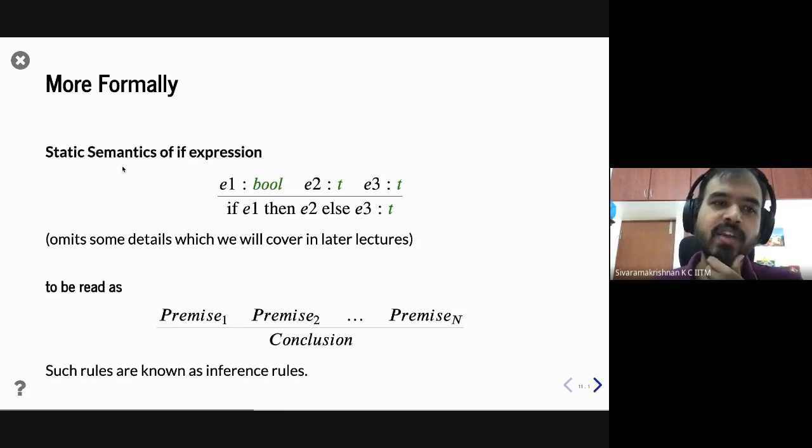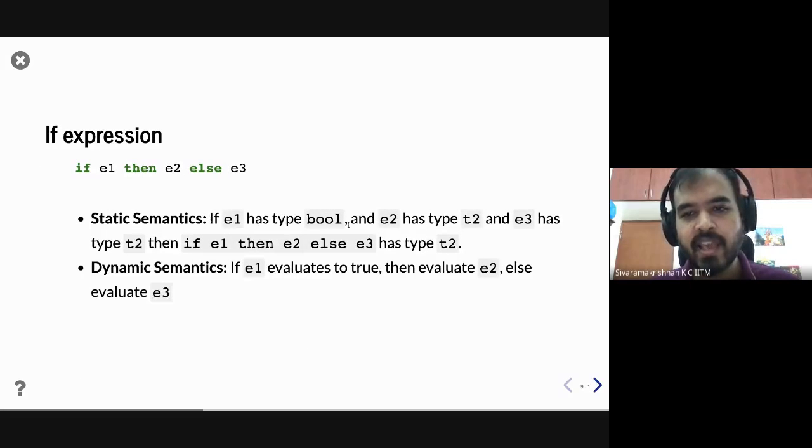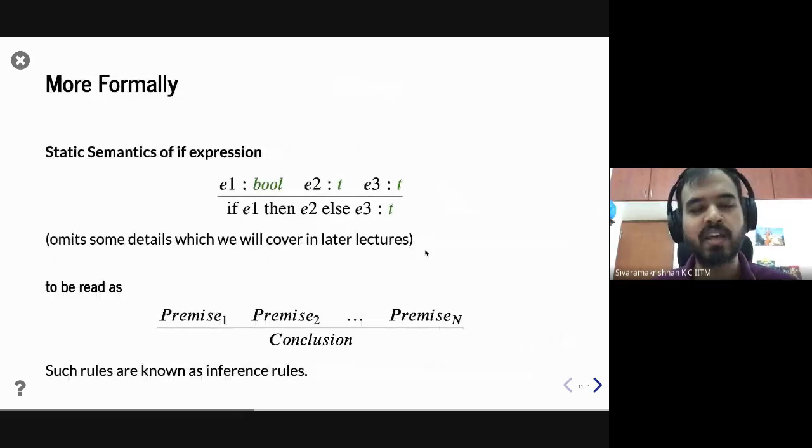So we can define the static semantics of if expression using an inference rule. All we are doing is taking the English language statement here and writing it down in a more succinct fashion. We are saying if E1 has type bool and E2 has type T, E3 has type T, then this whole expression if E1 then E2 else E3 has type T, right?